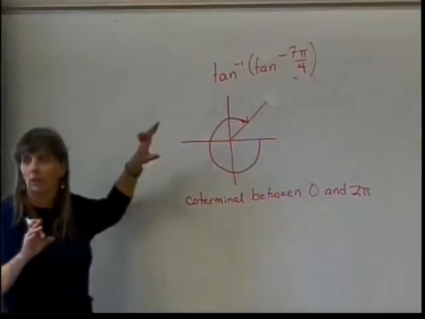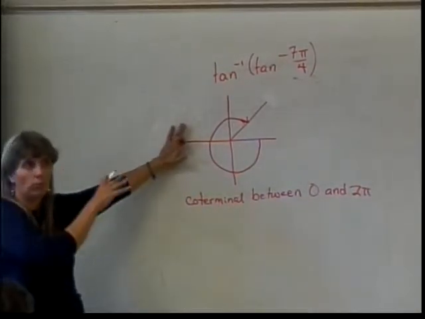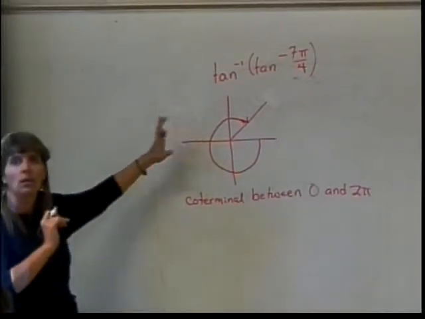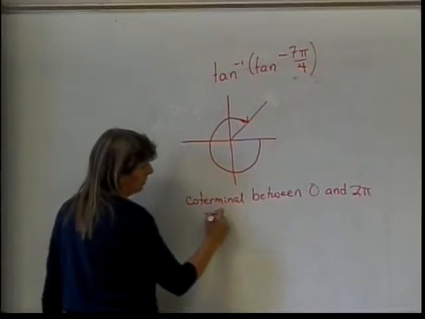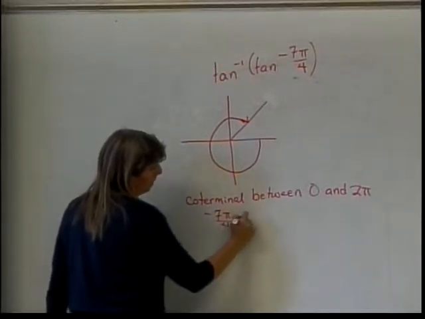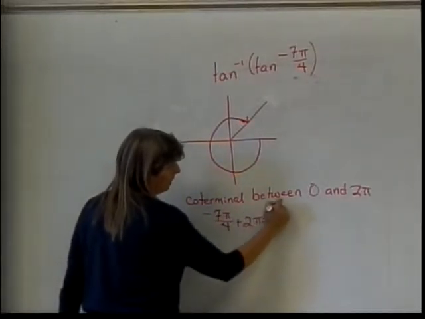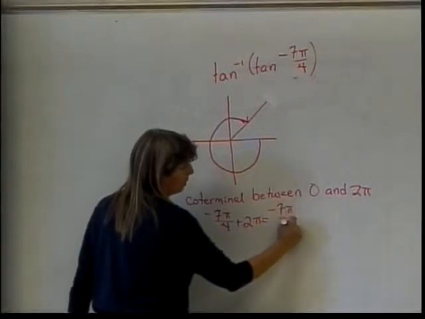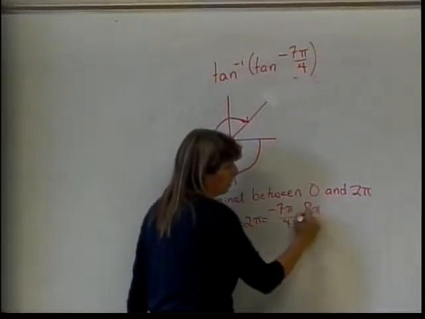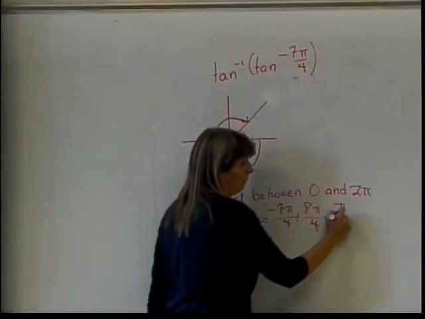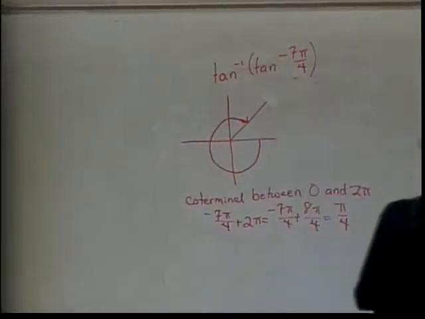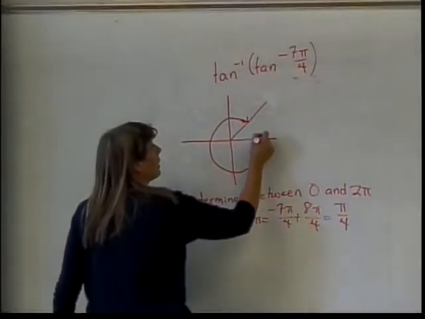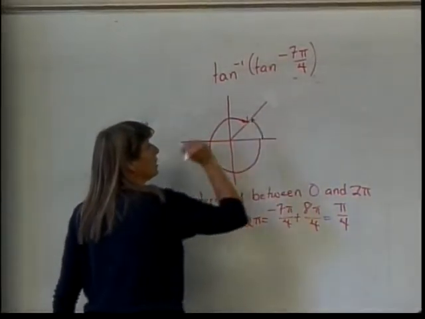But I know it takes people a little time to get there, so these are the steps you would think in your head. My coterminal angle would be negative 7 pi over 4 plus 2 pi, which is negative 7 pi over 4 plus 8 pi over 4, which turns out to be pi over 4. That's going in the counterclockwise direction to the same place.